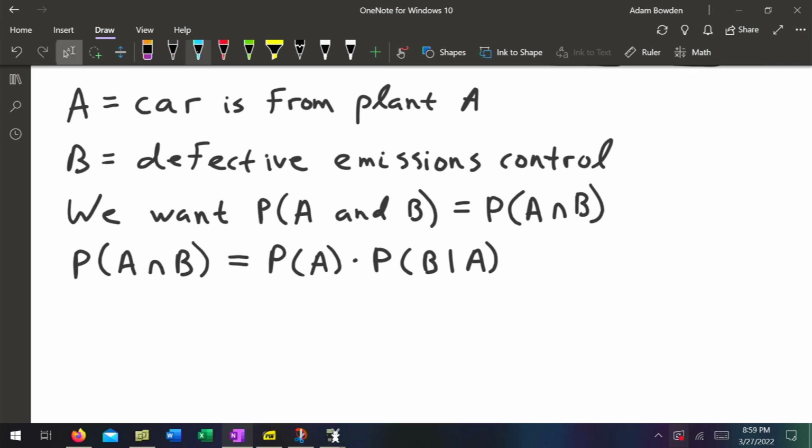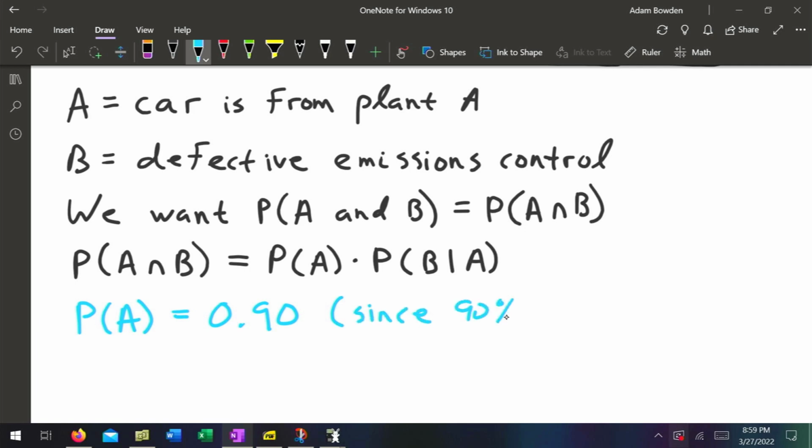So what I can say here is that the probability of coming from plant A is 0.90 since 90% are manufactured there.